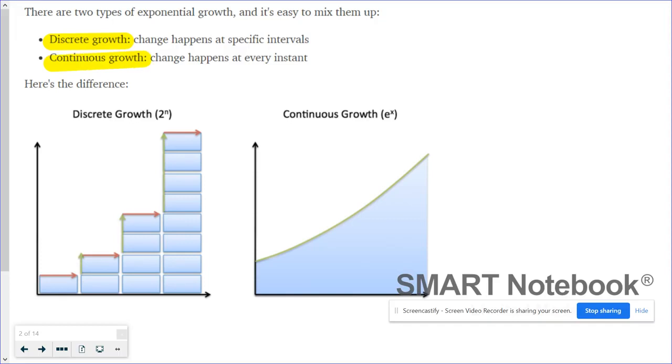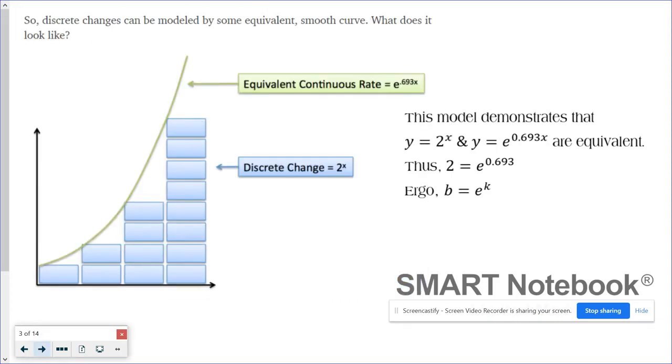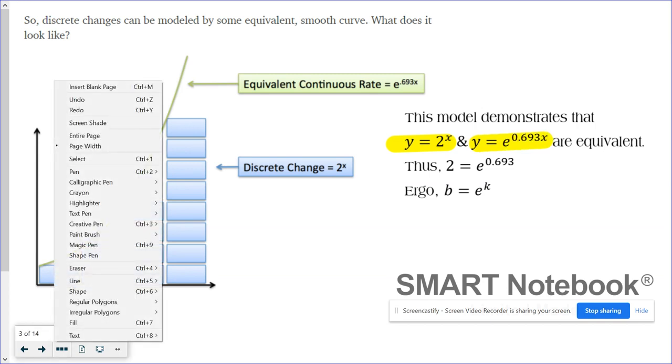And so here we have the difference side by side, but here we have the difference together. So it is possible to model that discrete growth. That non-continuous exponential function, it is possible to write an equivalent continuous exponential model. Looking at this diagram here, this model is suggesting that y equals 2 to the x power and y equals e to the 0.693 x power are equivalent.